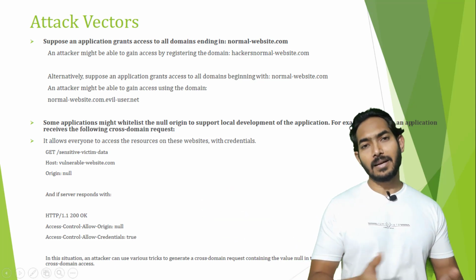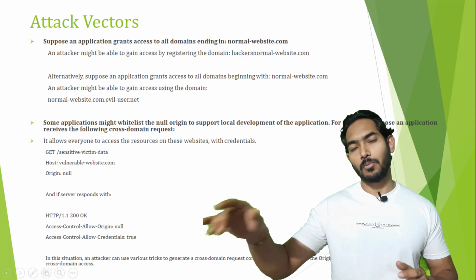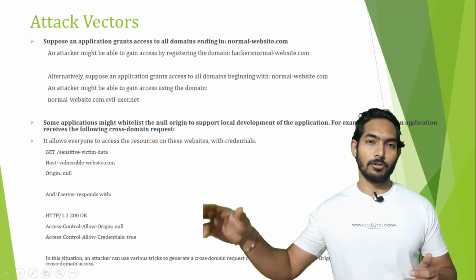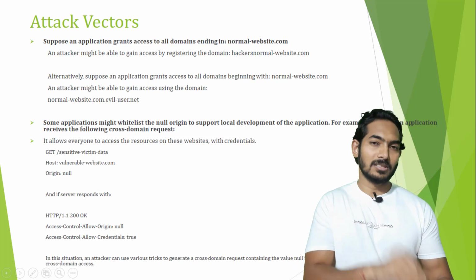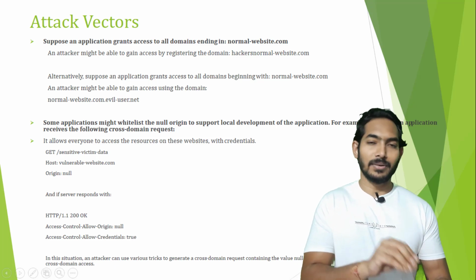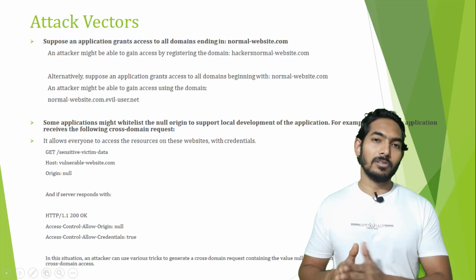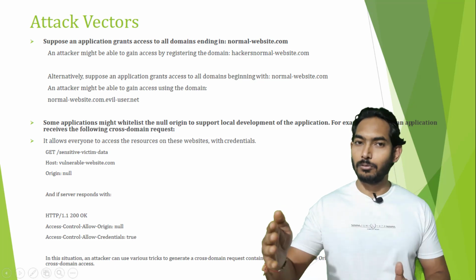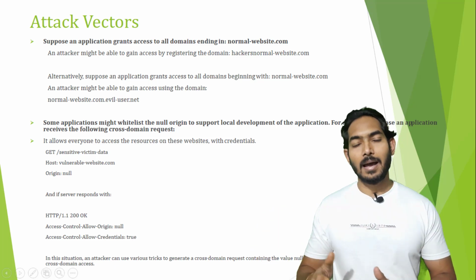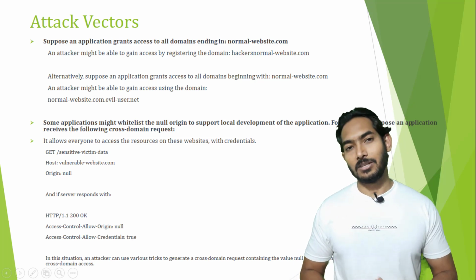Even an attacker can create something like google.com dot something blah blah blah dot co.in. He can make such domains and then try to attack, and that will work because it is already configured in the server. This is another mistake that usually happens with developers, and you should make sure you are not doing it for your web application.